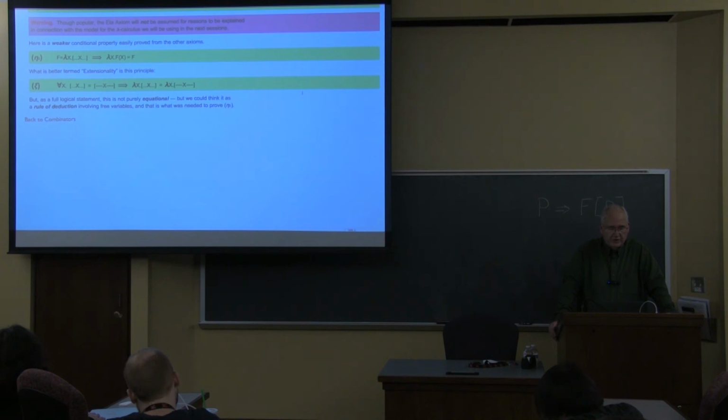And this is really related to saying that if two combinations are the same for all x, then when you eliminate the variable x, you'll have equal combinators. I much prefer that, and we'll see how that works in the model there.